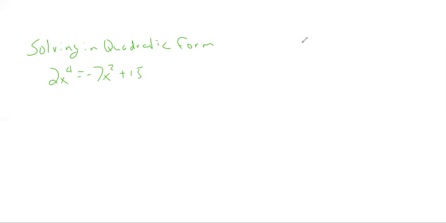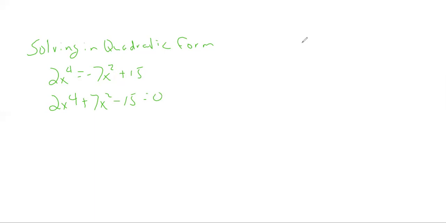Well, get it all equal to 0. So move everything over: 2x to the 4th plus 7x squared minus 15 is equal to 0. The only problem with this is you're to the 4th now. You don't want to mess with that.